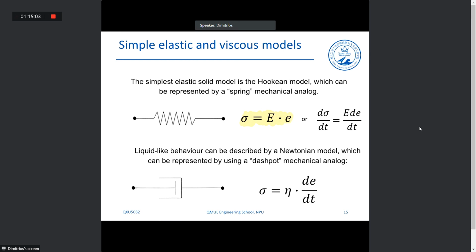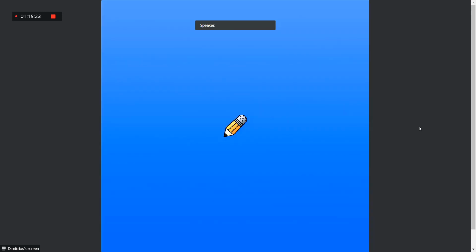Hooke's law is the law that we use generally for the elastic model, and Newton's law is for the dashpot. Now, let me give you a brief introduction.